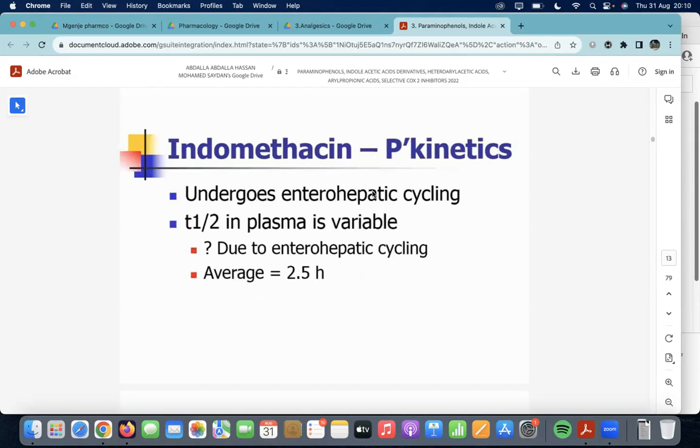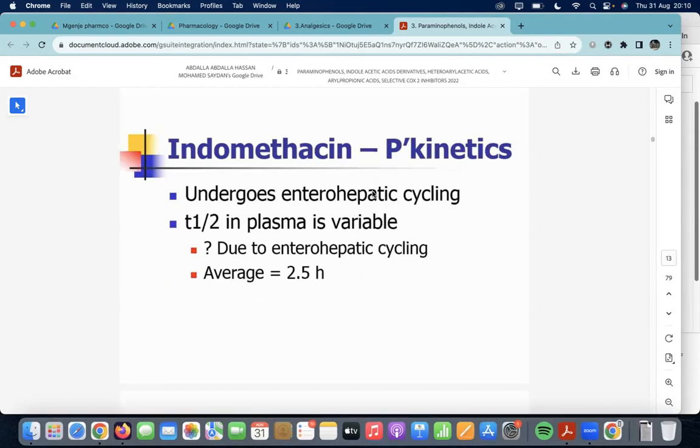Let me check. According to Google, enterohepatic cycling occurs by biliary excretion and intestinal reabsorption of a solute, sometimes with hepatic conjugation and intestinal deconjugation.